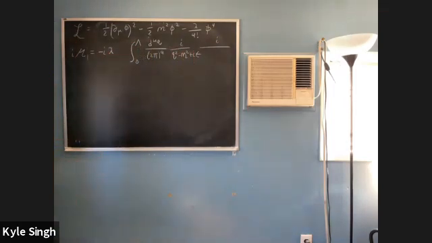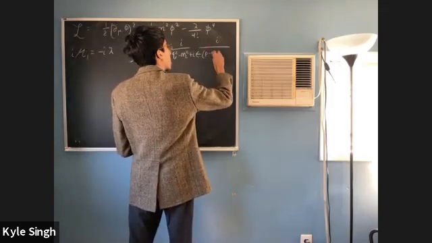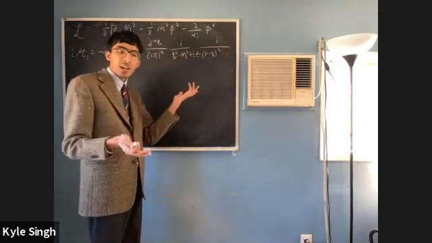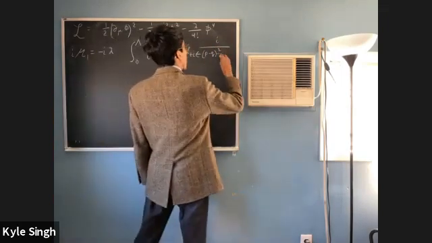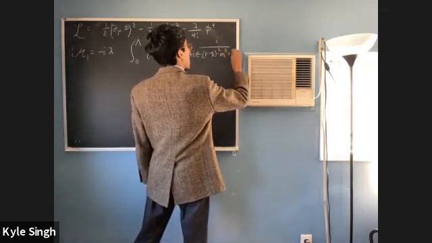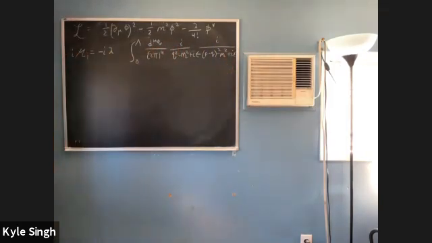Can someone tell me the denominator? Well, it's just going to be some (p minus q) squared, right? Minus m squared plus i epsilon. Okay, that's the basic idea.